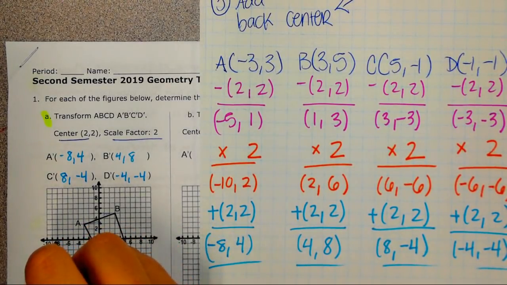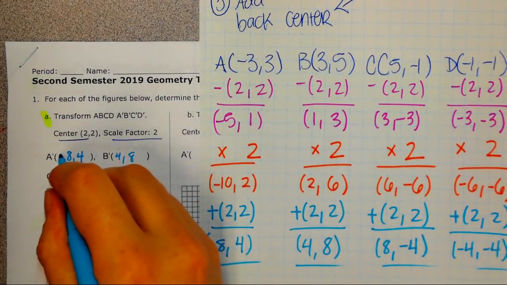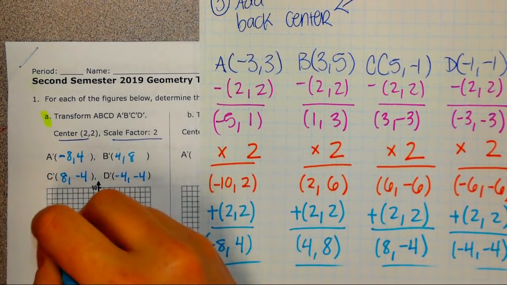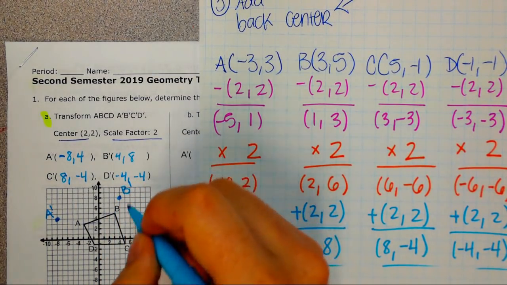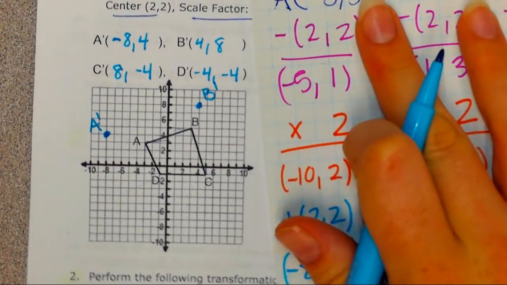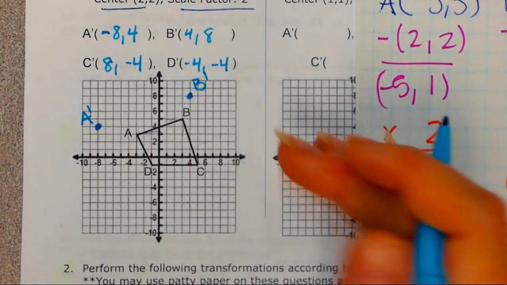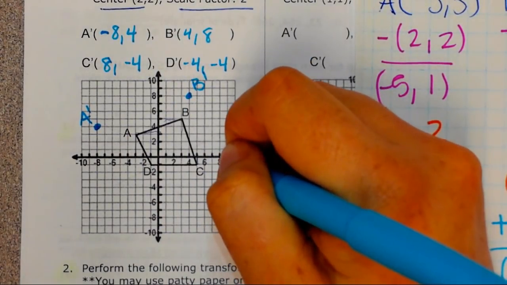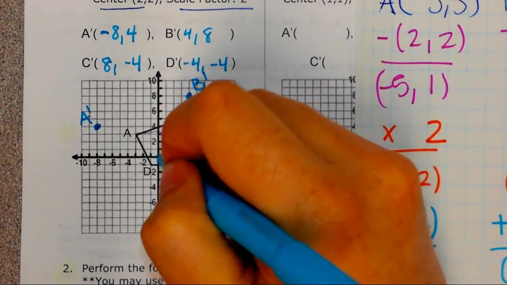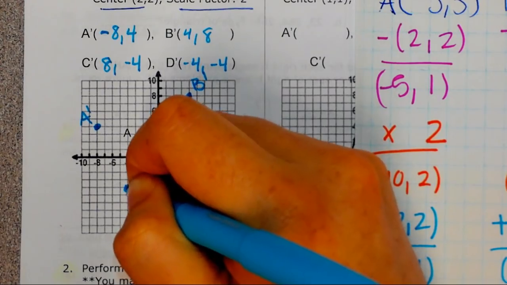All right, so -8, 4 and 4, 8 is A prime, B prime, and then we've got C at 8, -4, and D at -4, -4.